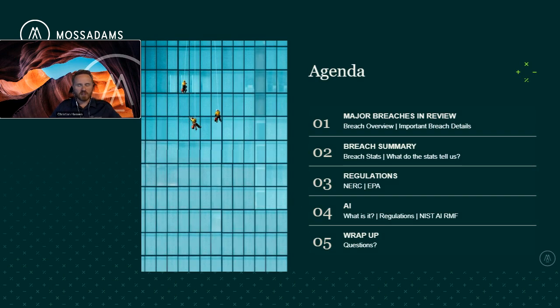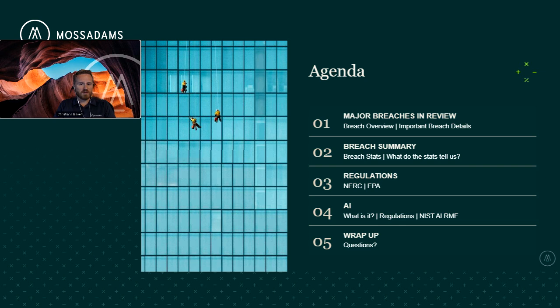Just overall agenda, the things we want to accomplish here. We'll take some time to talk through a lot of big or important breaches that have happened over the past year or so. Companies that have been breached, how did they get breached? What are the lessons we learned from those? Some more information about just a summary of breaches. What do the statistics tell us?